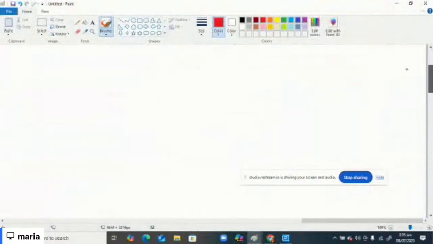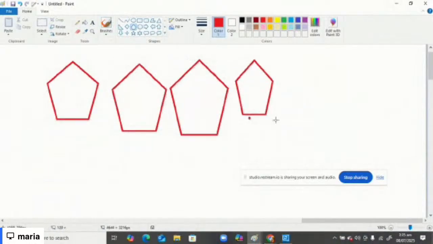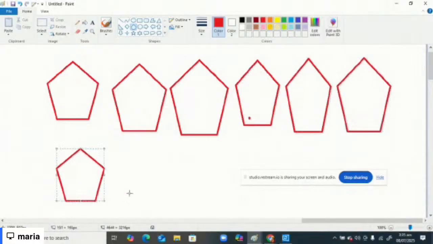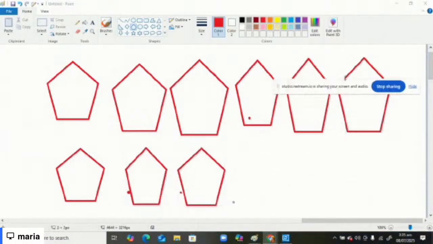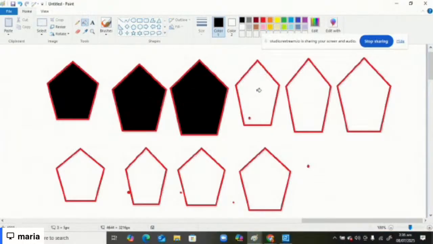For example, if I say that there are 10 pictures here, there are total 10, okay? And I'm going to color 4, okay?